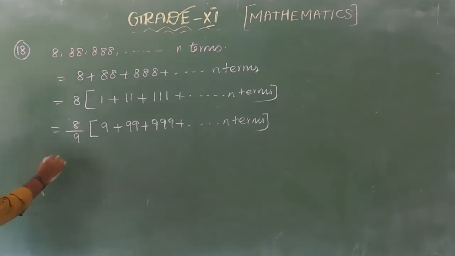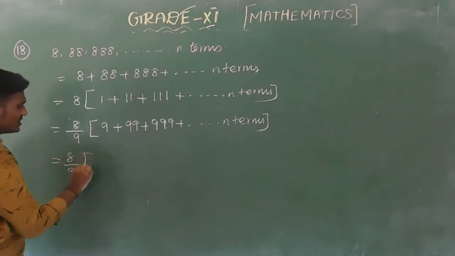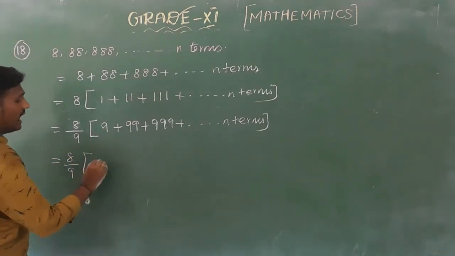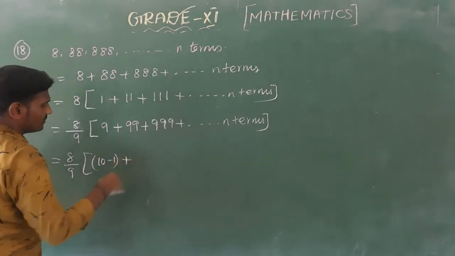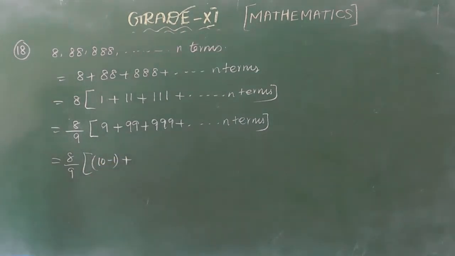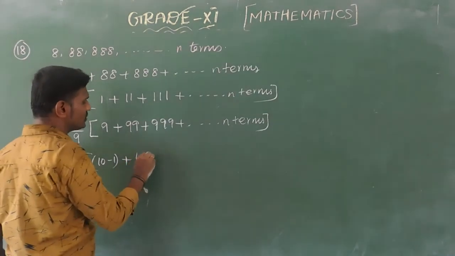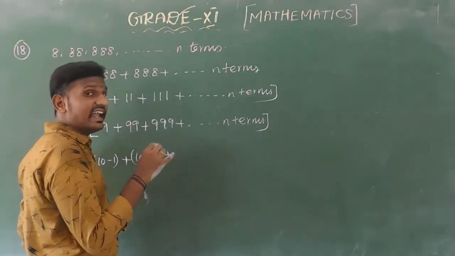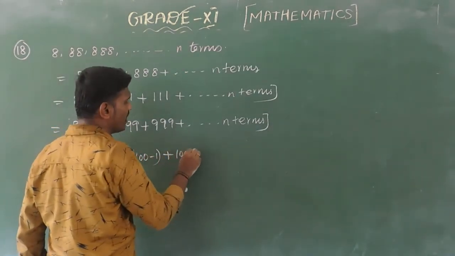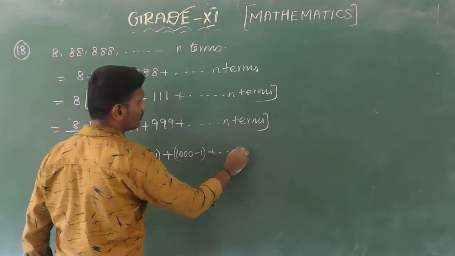Okay students, and I am going to write 9 as 10 minus 1, plus 99 as 100 minus 1, plus 999 in the format of 1000 minus 1, up to n terms.